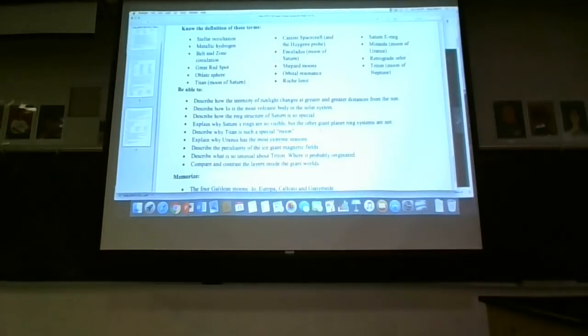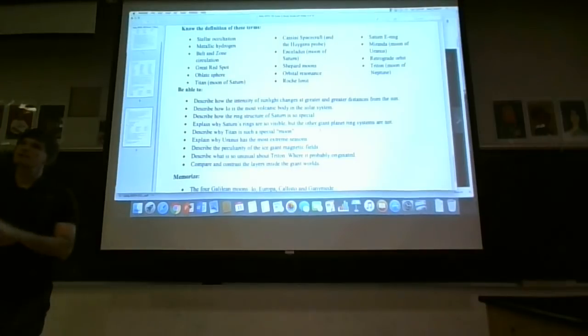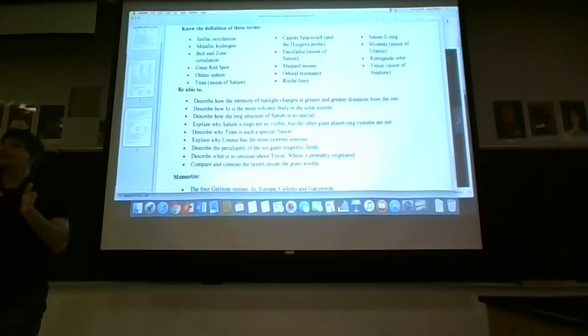Shepherd moons, orbital resonance. This is an interesting idea: one of the ways that we think the rings might be reinforced is if they have periods which are connected to each other. So one, two, three times, then there's a gravitational tug each time they go around that's going to either keep them there or pull them away, so that the rings become very stable.